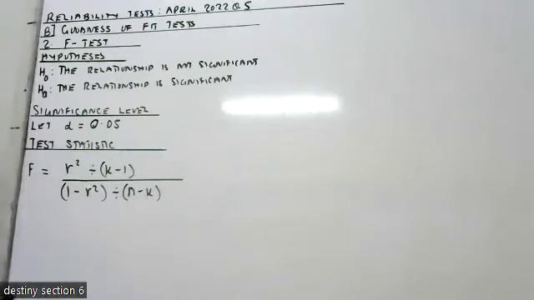So our F critical at 1 and 10 at 0.05, our F critical with numerator degrees of freedom 1 and denominator 10, and we are using the table of 0.05.